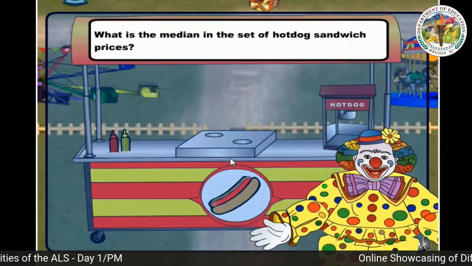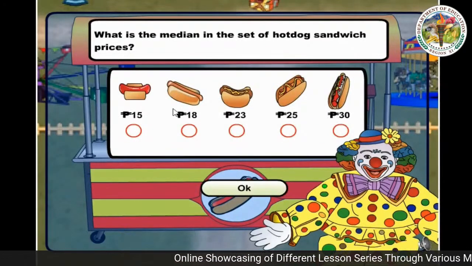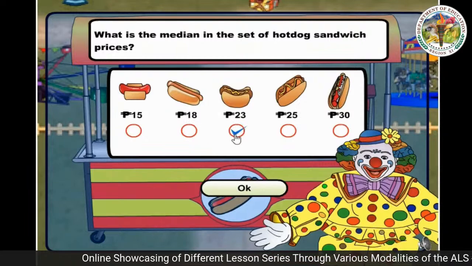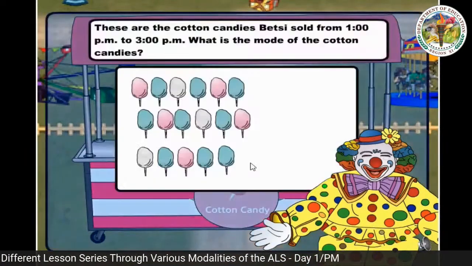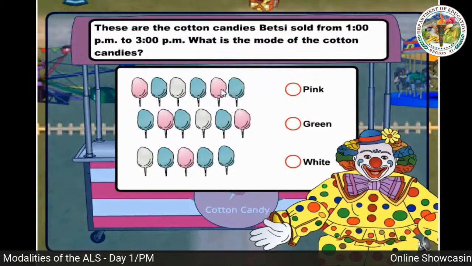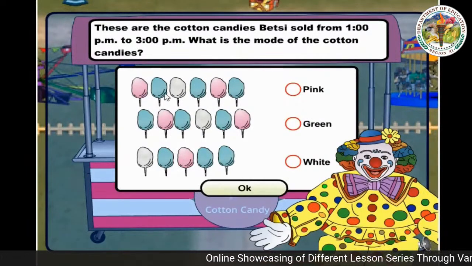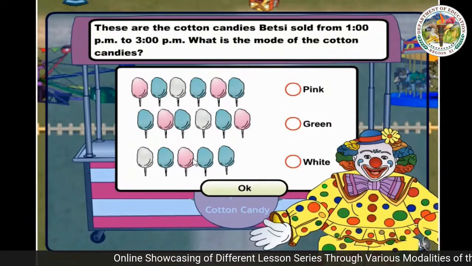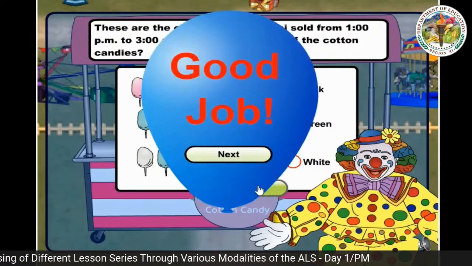What is the median in the set of hot dog sandwich prices? Good job. These are the cotton candies Betsy sold from 1 p.m. to 3 p.m. What is the mode of the cotton candies? Good job.